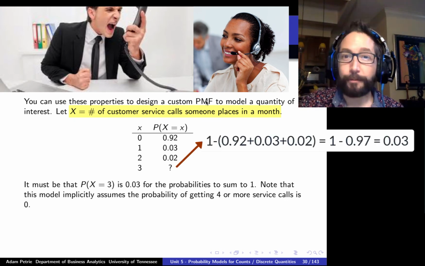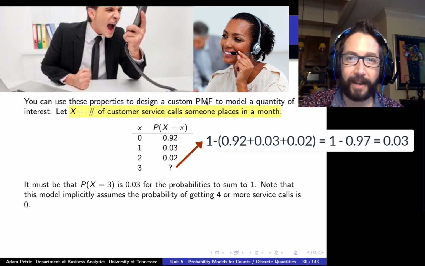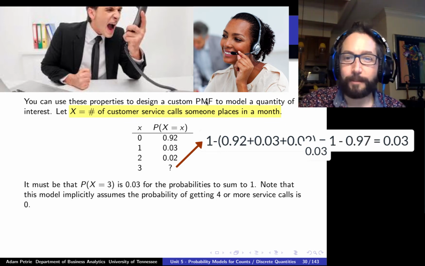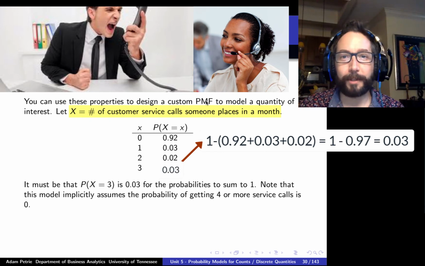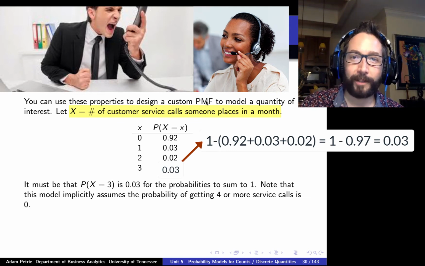So if I gave you 3 of those 4, you'd be able to immediately tell me what the missing one was, because that missing one has to be the value that makes the total sum of them add up to 1. In this case, 0.92 plus 0.03 plus 0.02 here adds up to 0.97, so that missing probability of someone making 3 calls to customer service must be 3% in order to make the sum of those equal to 1.